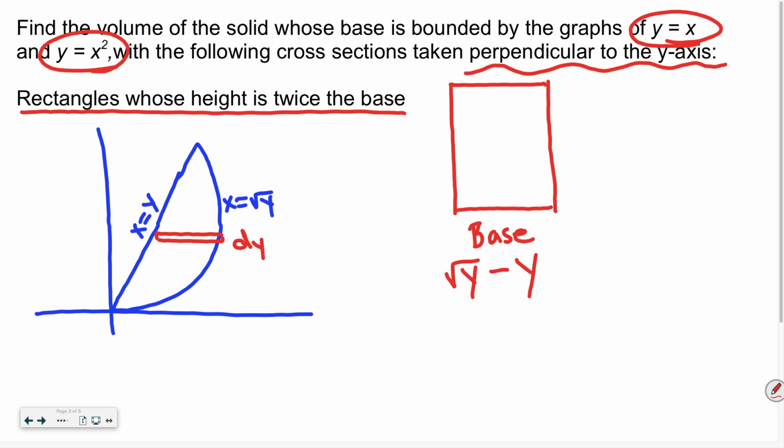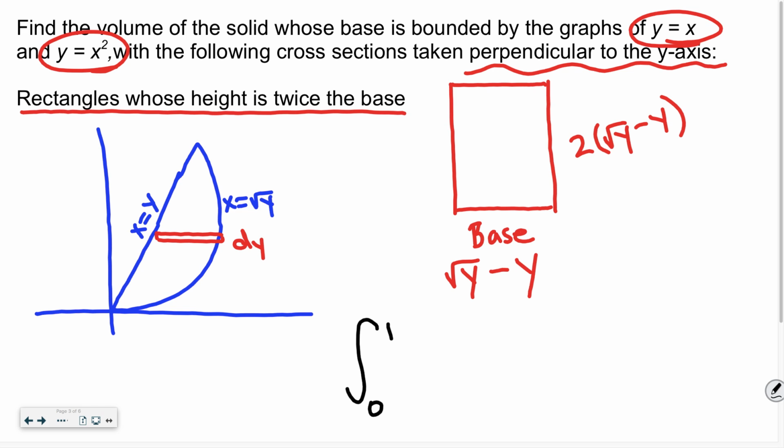Now, what is the height of this? 2 times whatever our base was. So when we talk about the area of this rectangle, we're going to talk about base times height. Our integral is going to go from 0 to 1 because that's where we have our y values.